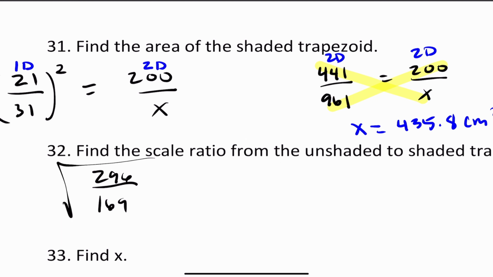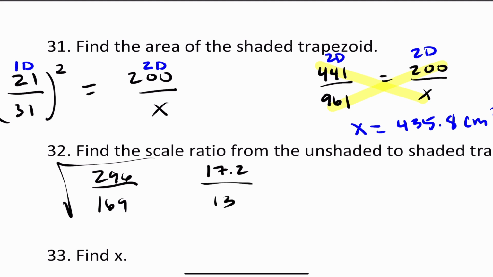So what's the square root of 296? Ooh. The square root of 296 is, this is going to be weird, but it's 17.2. And the square root of 169 is just 13.